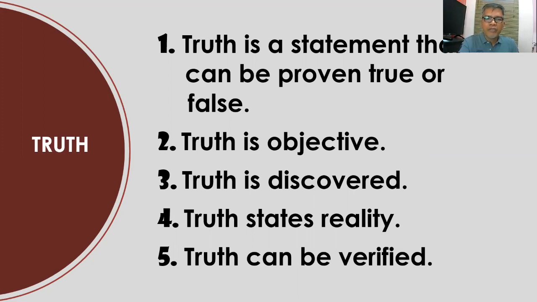Okay. Number three, truth is discovered. It is discovered because based on our evidences, our claim is found to be true. We discovered it is true because there are details that support our claim. Okay, number four, truth states reality.